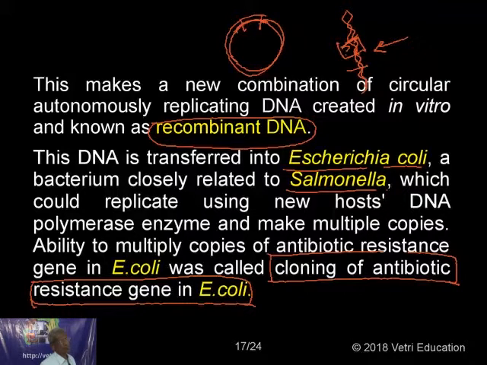What gene are you identifying? The antibiotic resistance gene. Where is that gene? It is in Salmonella. So you cut the antibiotic resistance gene from the Salmonella, and then you put it in a vector, transfer the vector, and then finally it has been transferred to Escherichia coli.